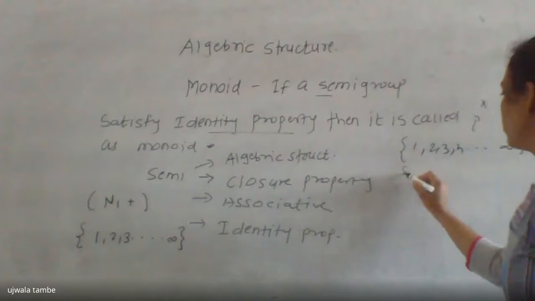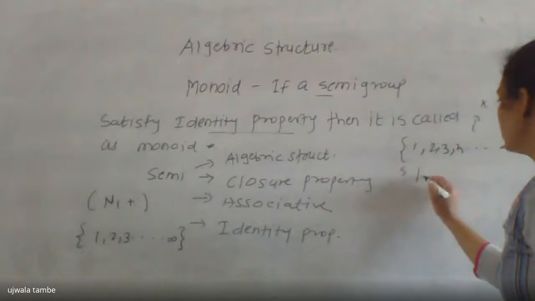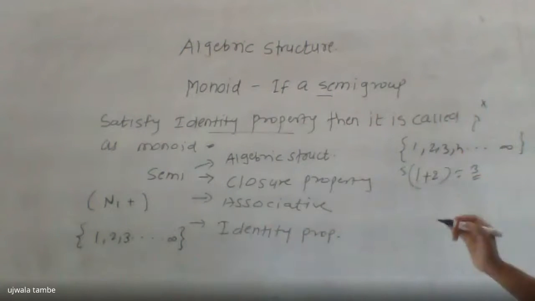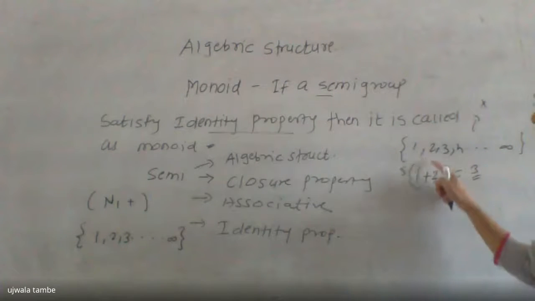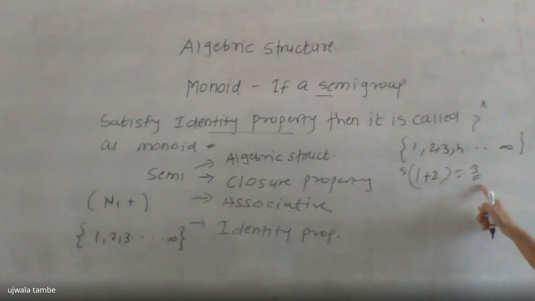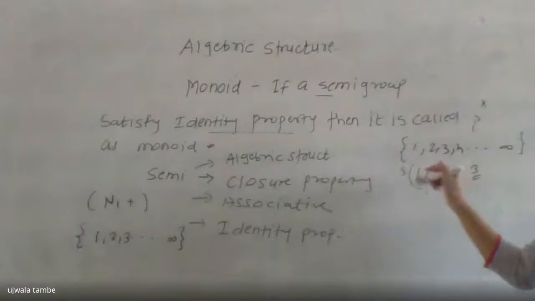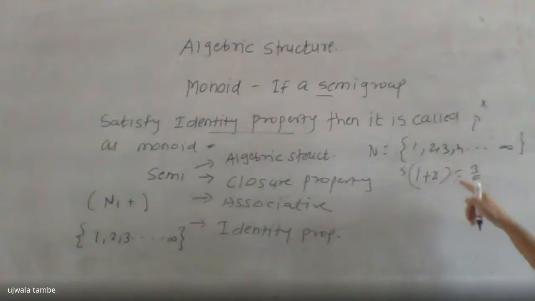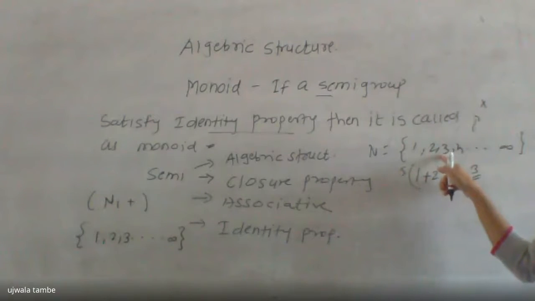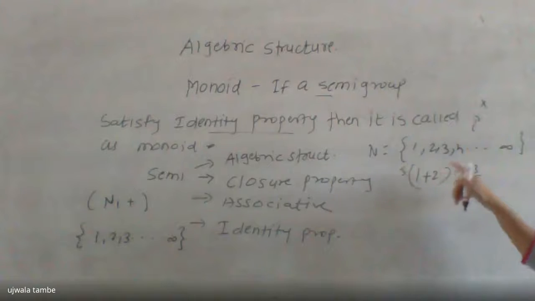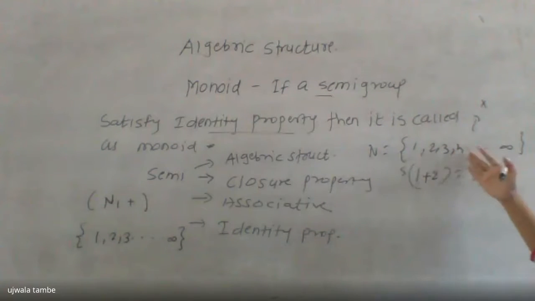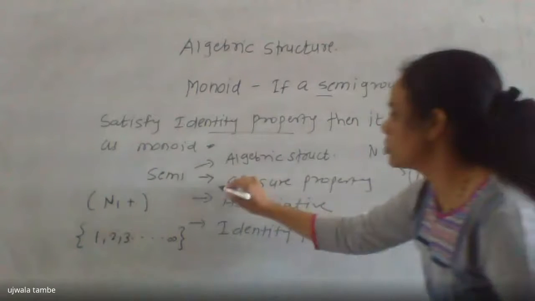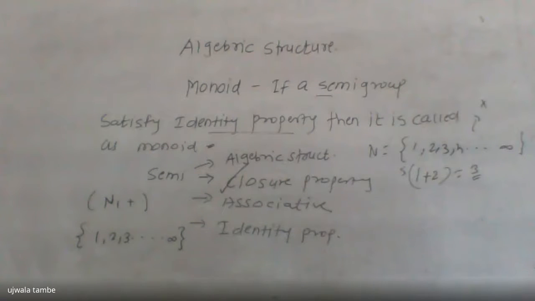If I pick 1 and 2, that is 1 plus 2, it gives me 3. So what is my closure property? The input numbers and the result should be present in the set of natural numbers, right? So 1 is available, 2 is available, and the result is also available. This happens for all numbers, because the set contains numbers up to infinity, right? So it satisfies my first property, that is the closure property.